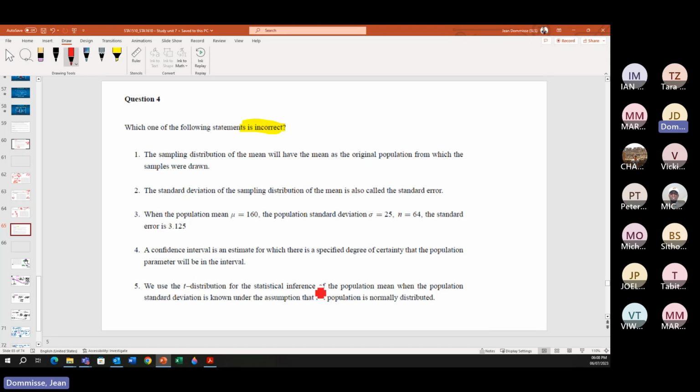Okay, so let's go through the definitions and the things that they talk about. So the first one, they tell us the sampling distribution of the mean will have the same mean as the original population from which the samples were drawn. That is correct.